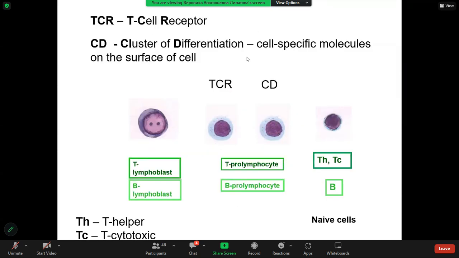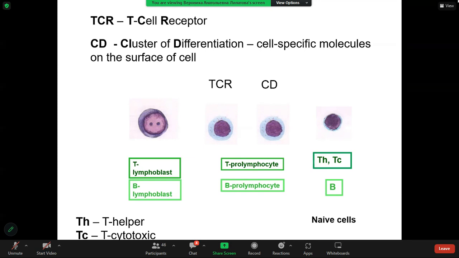Okay. About the T and B differentiation. It has some features in the differentiation, and in fact, the first kind of differentiation occurs in central organs of immune system, in bone marrow and in thymus.